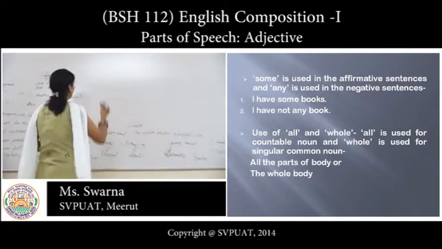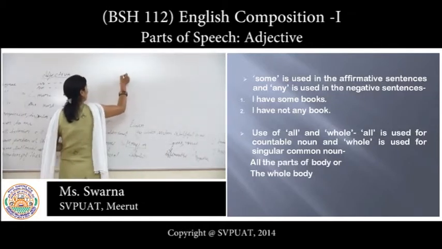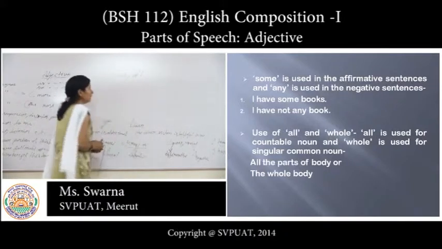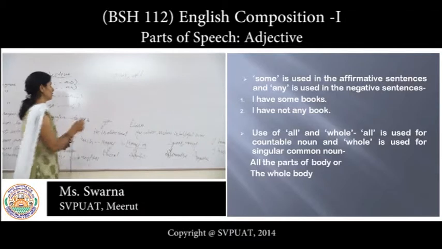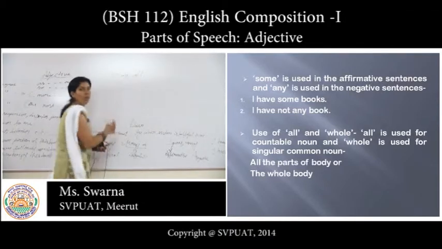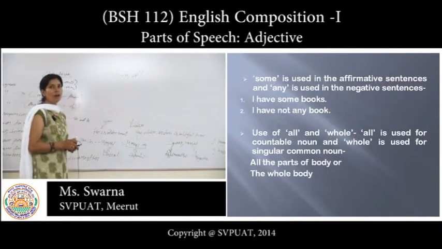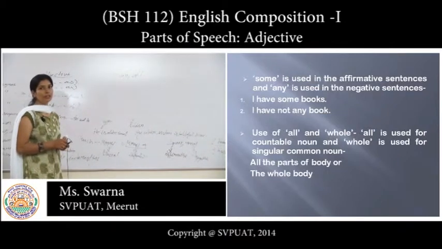And the next is, when we use the words whole and all. The main difference between them is that whole is used for uncountable things and all is used for countable things.